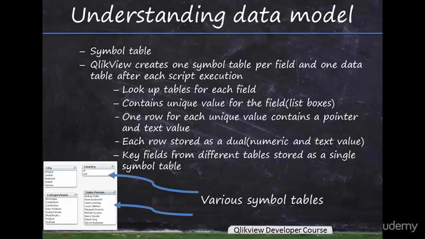And each field, if you notice, contains only unique values. No matter how many times a value gets repeated within that field, the symbol table only displays the value once. That is the key factor to remember, because it will help you understand why QlikView stores data so efficiently.